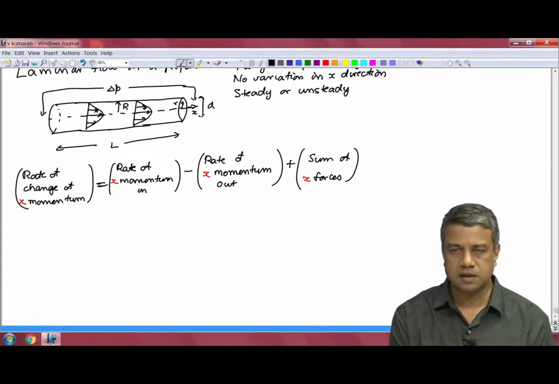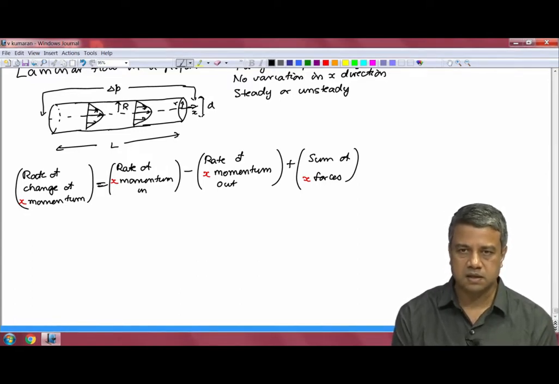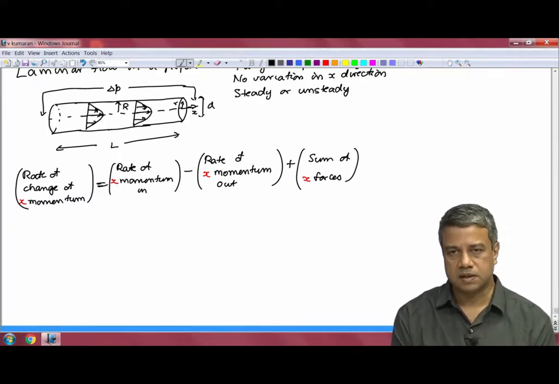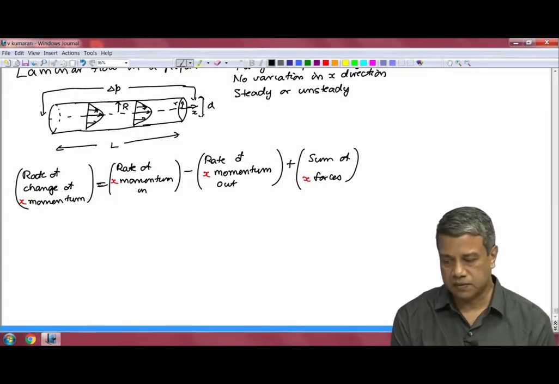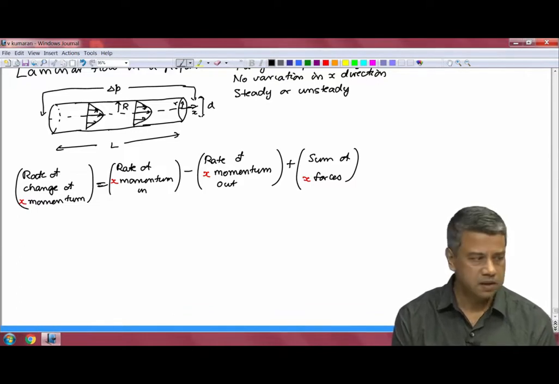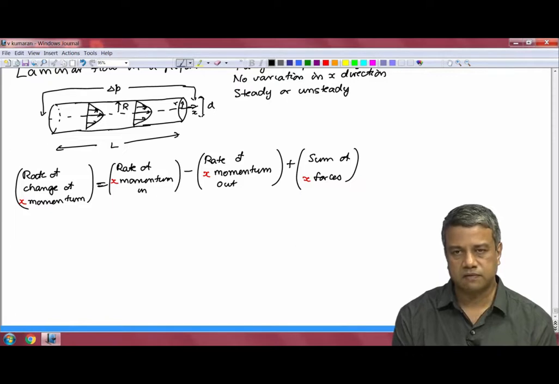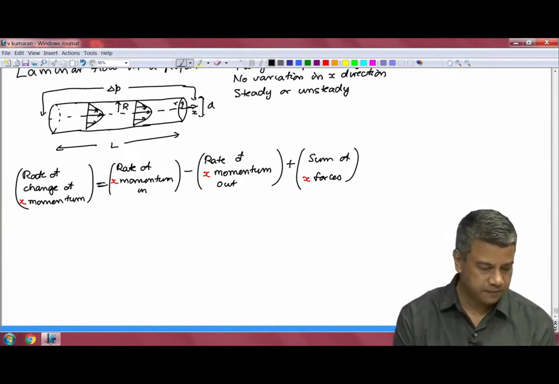The pressure decreases as you go from upstream to downstream, because it is the higher pressure upstream that causes the flow and which is resisted by the shear stress that is applied on the wall. Therefore, the pressure is a function of x in this case. However, the velocity is not a function of x because we have assumed that the flow is fully developed.